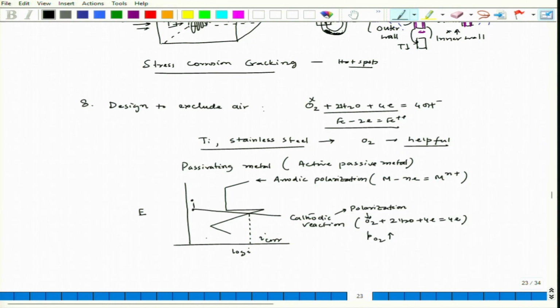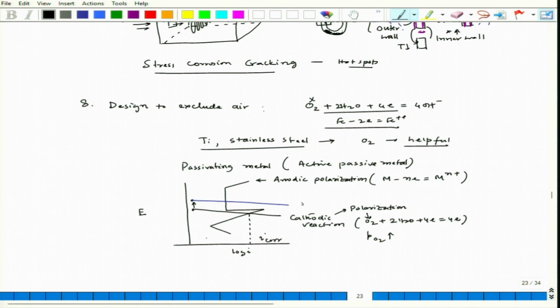So, this point can go to this, because the higher the partial pressure of oxygen, the higher would be the equilibrium potential. So, the equilibrium potential would change and then it can cut here.